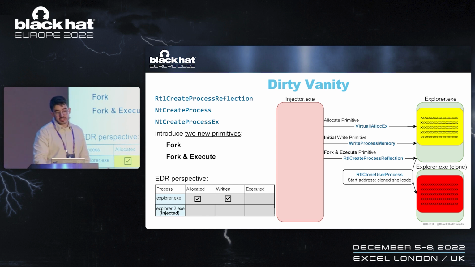From the EDR perspective, it caught allocation and writing on Explorer, but no execution. It doesn't know the forking primitive, and nothing was ever written to the newly created Explorer by the EDR side. So when it finally starts to execute an injection, nothing is new to the EDR. So this is the strength of Dirty Vanity.